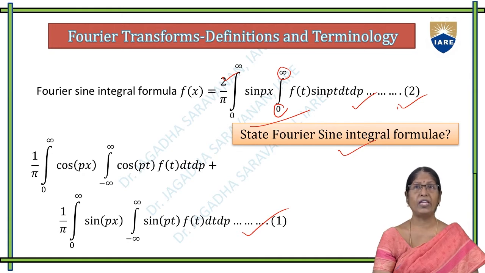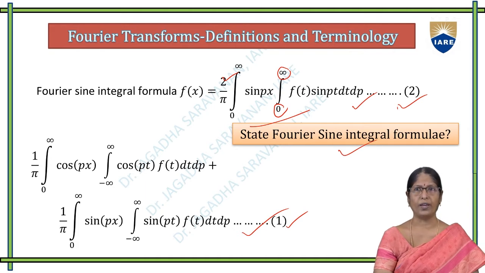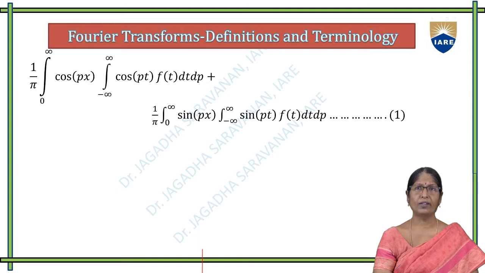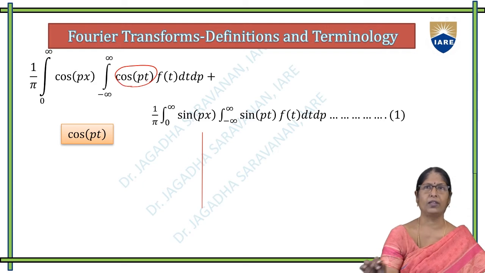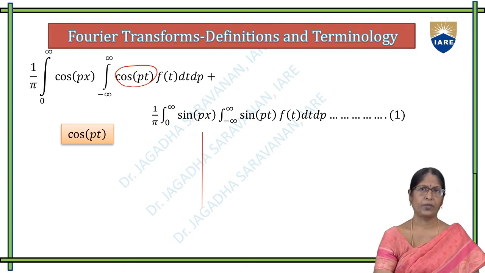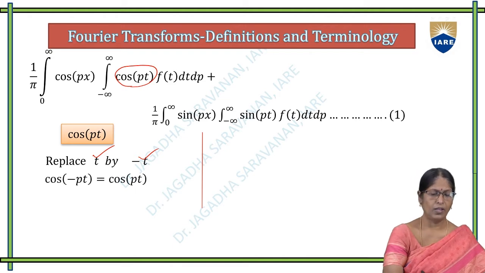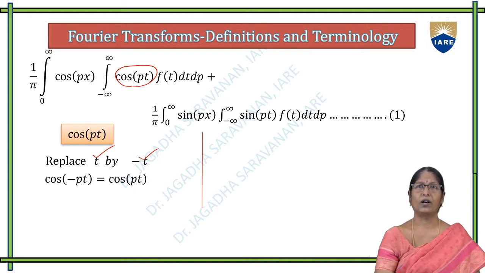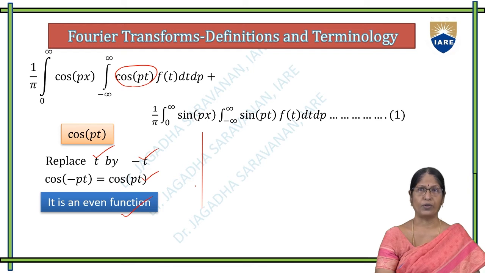One more, the Fourier cosine integral formula, we can also derive from this Fourier integral formula. For that, we take cos pt for testing whether it is odd or even. In the testing, t is replaced by minus t, so it is cos of minus pt. The cos of minus theta is nothing but cos theta, so it is an even function.